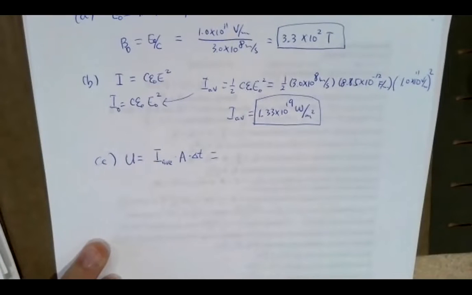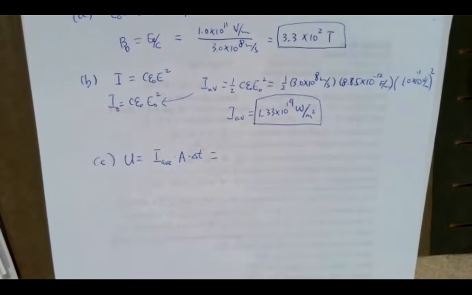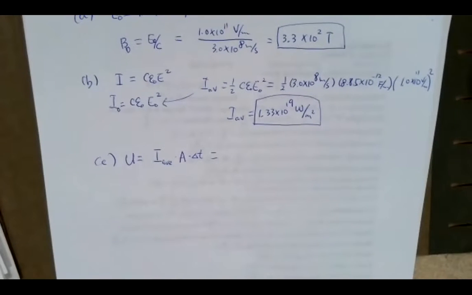We have the I average, we have the area, and the delta t will be the 1.00 nanoseconds given there.